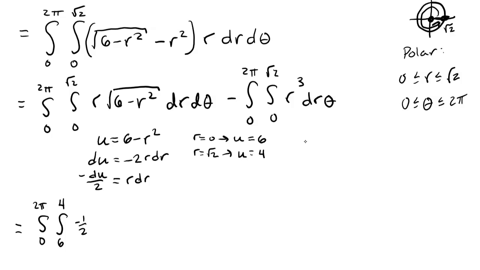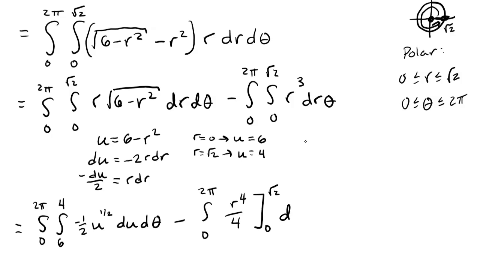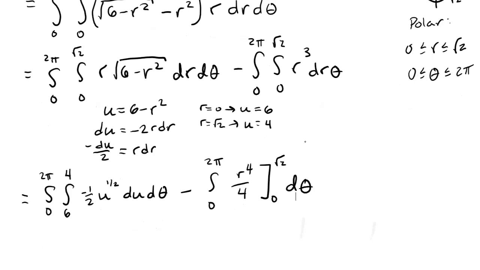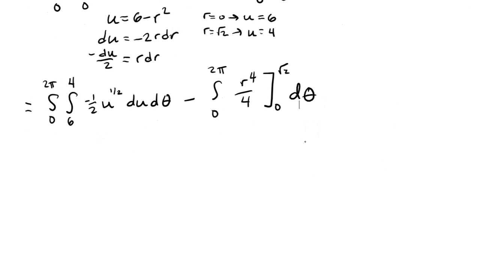So then we have that negative 1/2 square root u, which I'll just go ahead and write as u to the 1/2 du d theta. Just for keeping things in line to look at the next integral, we've got the integral 0 to 2 pi. Looking at r cubed dr goes to r to the 4th over 4. And we're going to do that from 0 to square root 2. And this will just be d theta. Okay.